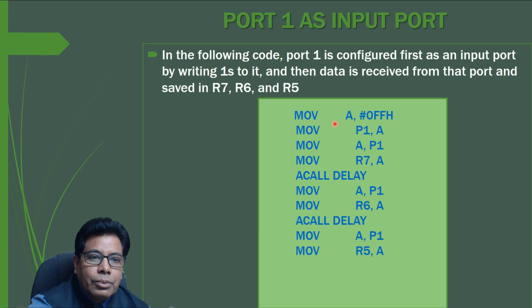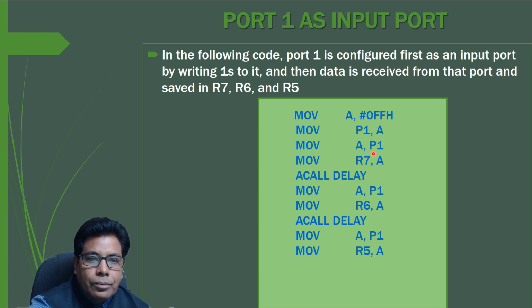First we move A with the value FF, that is all ones, so all the lines of the port we are configuring as inputs. Then MOV P1, A, so that will copy A to port 1. So all the lines of port 1 we are setting to 1.